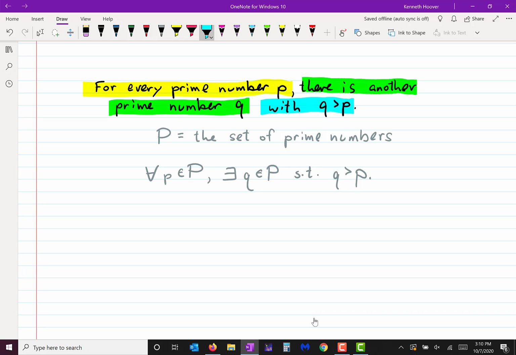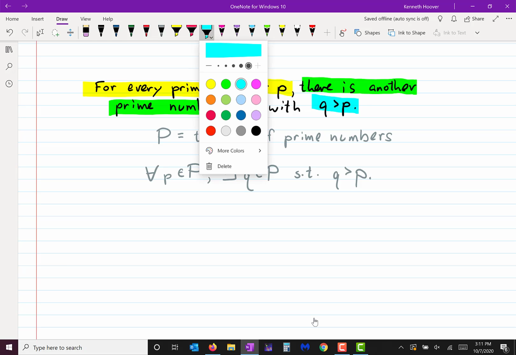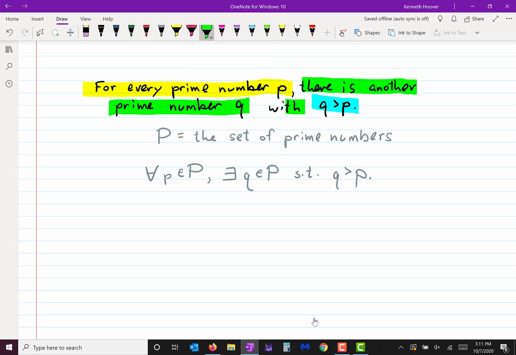And I just want to point out that, technically, now that I think about it, the word with should actually be highlighted in green. And q is greater than p by itself, just that part I highlighted in blue, what is that? That is an open sentence.